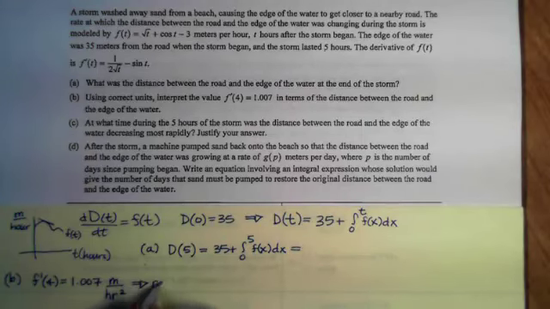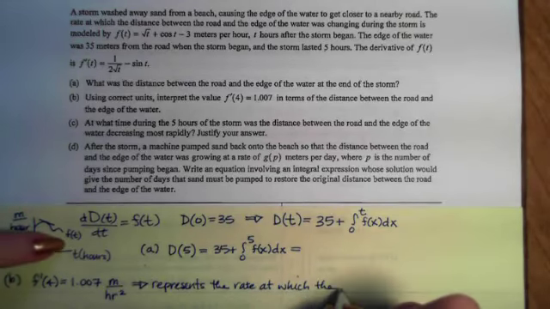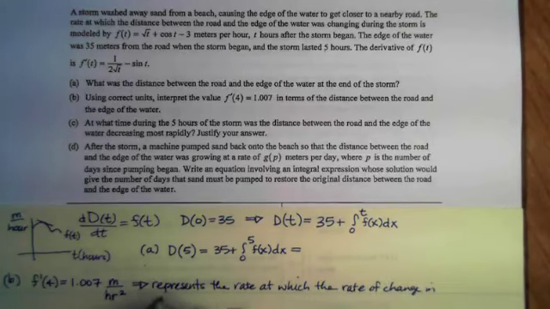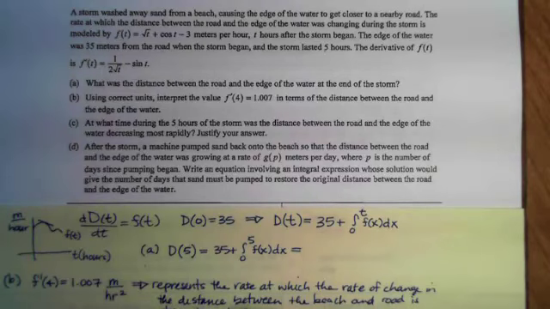So that's going to represent the rate at which the f of t, which is the rate, in the distance between the beach and the road is changing at 4 hours.